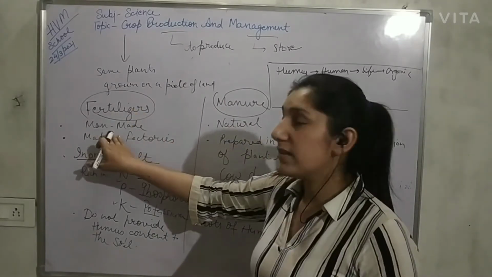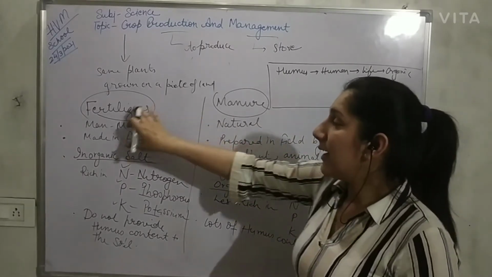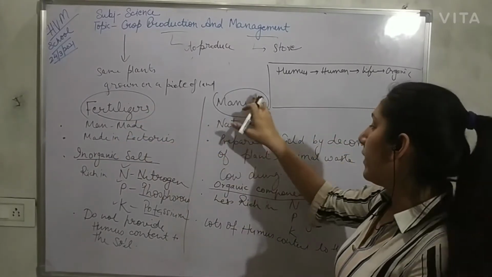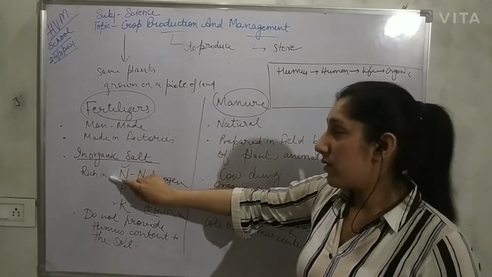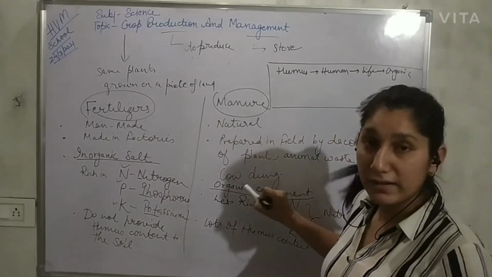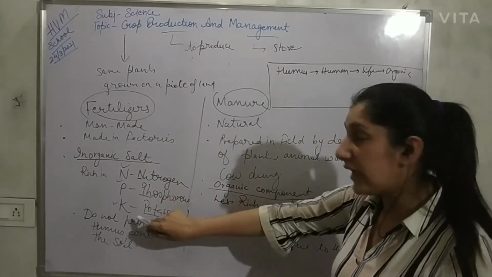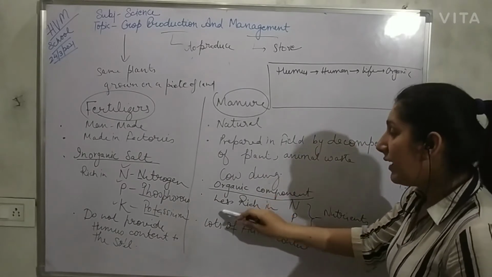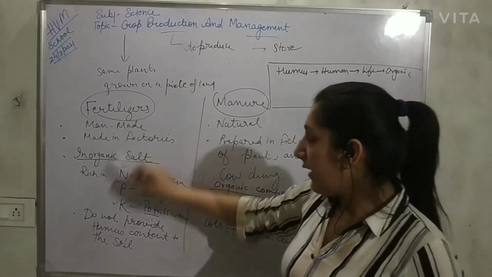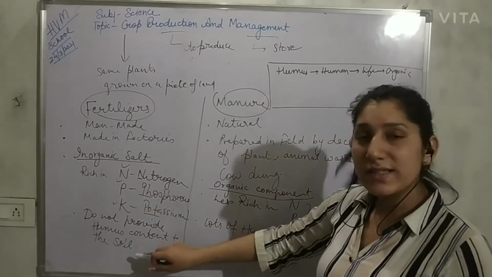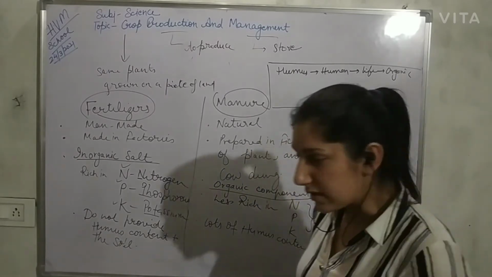Fertilizers are man-made. Manure is natural. Fertilizers are made in factories. Manure is prepared in the field. Fertilizers are inorganic salt, but manure is organic. Fertilizers are rich in NPK, and manure is less rich in NPK. And fertilizers do not have humus content, but manure contains lots of humus content.